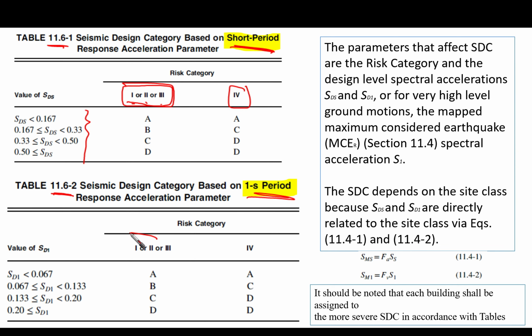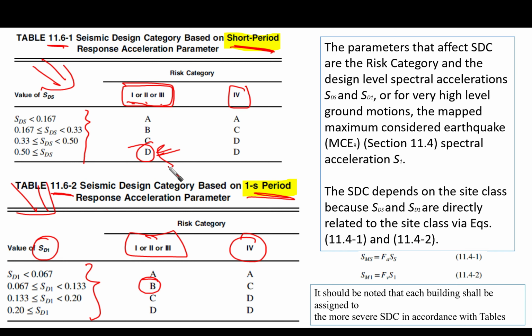Similar here, 1, 2, 3 or 4, and here the categorization of SD1. If we go to this table and this table, and we find that the category, for example here, is B, however here we find it D, which one should we use? We should use the more severe one, which is D. Okay?